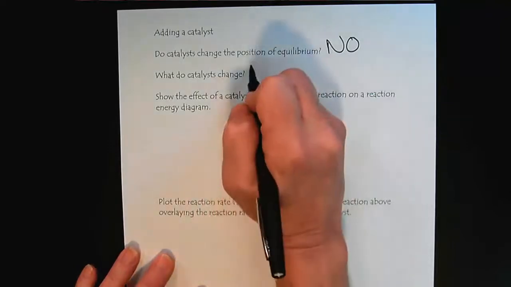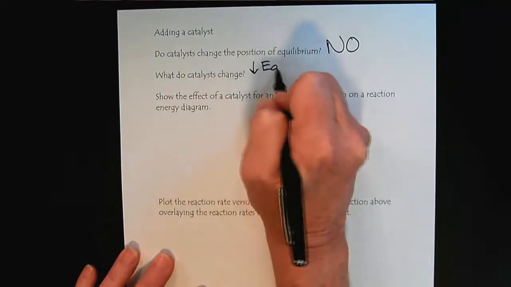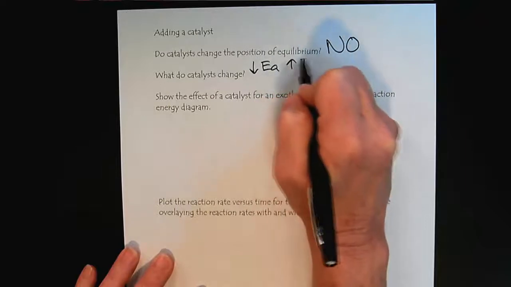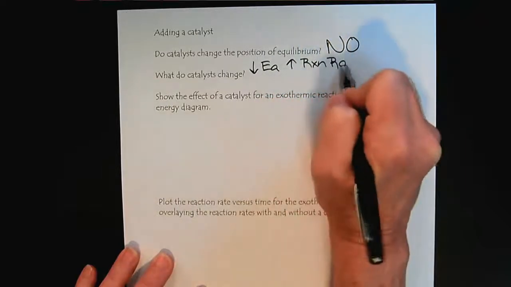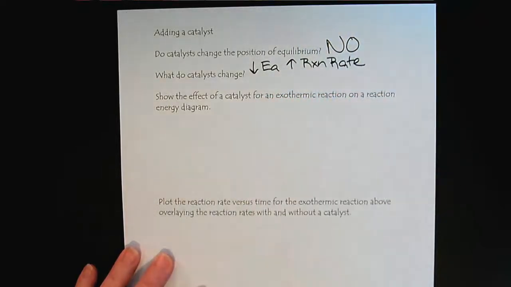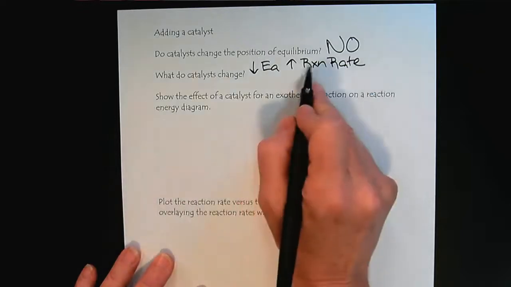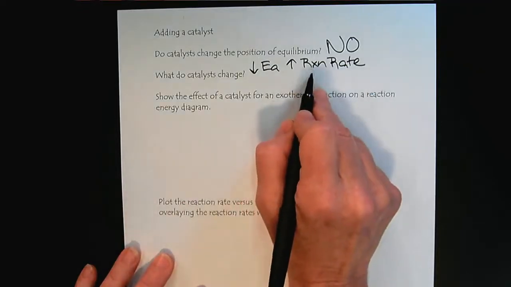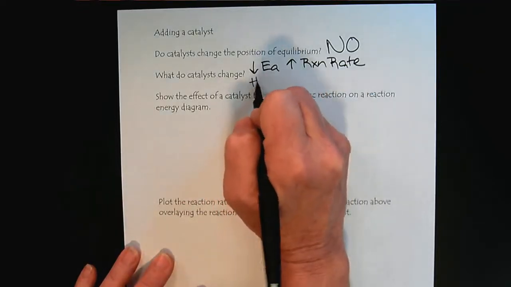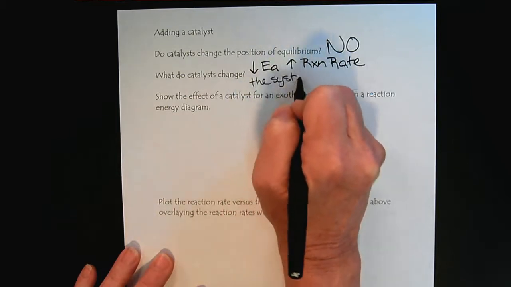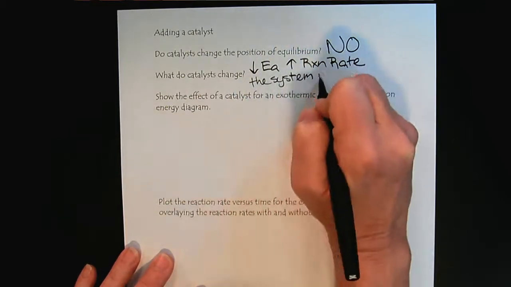They decrease the activation energy, which increases the reaction rate. If you think about the equilibrium as the destination, catalysts do not affect the destination, but they do affect how fast we get there. Because the reaction rate is increased, the system reaches equilibrium faster.